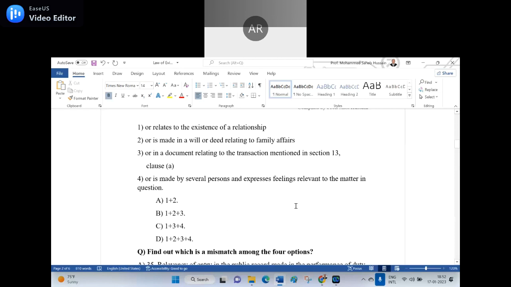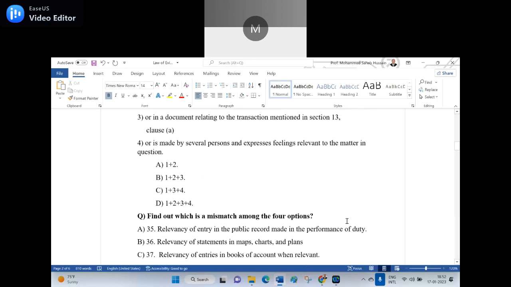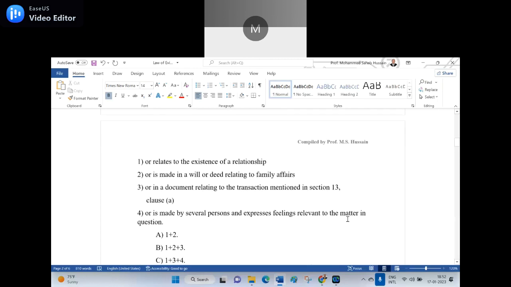Wrong. There is no mistake at all, it is as it is. So the right answer is D, 1 plus 2 plus 3 plus 4 is the right answer. I did not change anything. Everything is normal. Now let us see the next question.